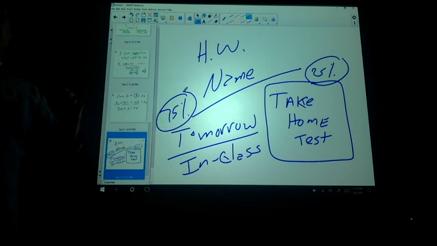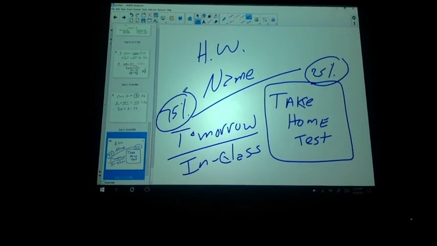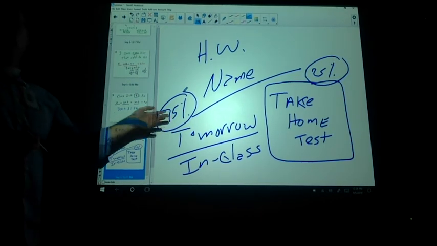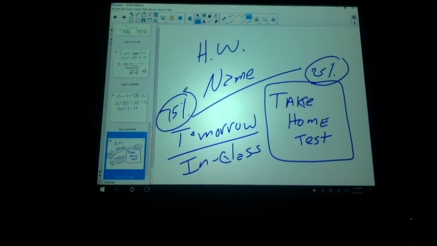What's the real truth that's happening? If someone else is doing it for you, you're not preparing yourself. The take-home test is not worth enough points for you to skate by in this class. You have to be able to do well on this as well. There's two different categories you'll see in the grade book. You'll see take-home test, and right next to it will be in-class test.